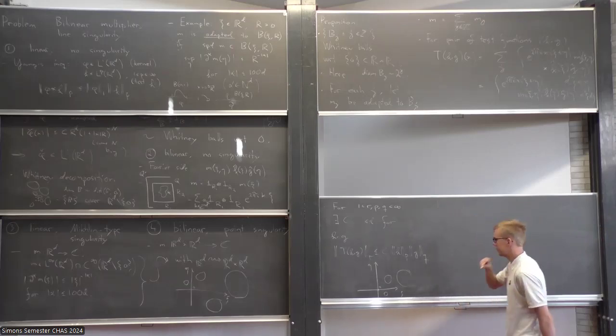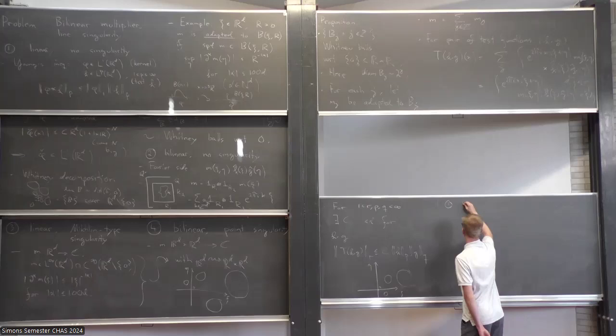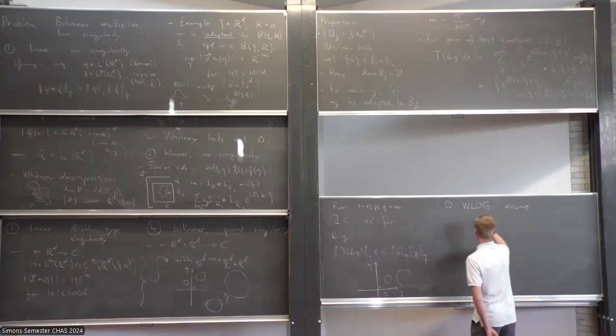Okay. And then the proof, as all proofs, must start with some reductions. So first, without loss of generality, we assume that each of these nj's is of product form.